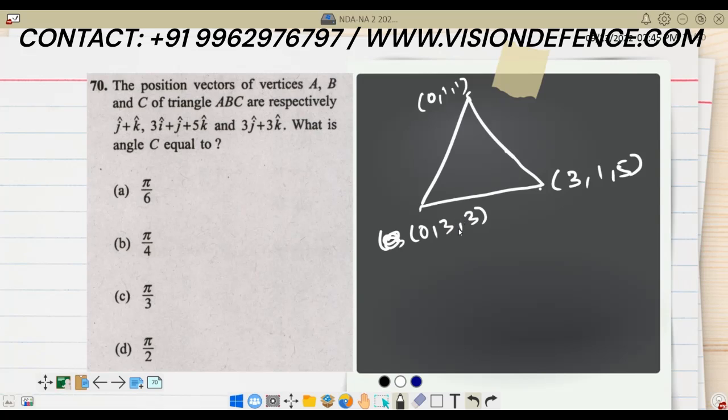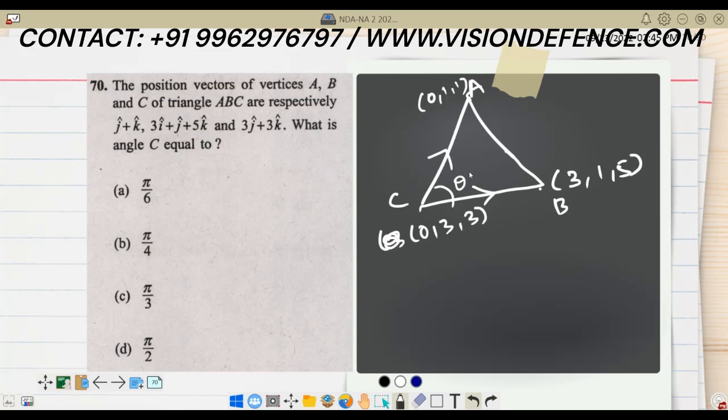So we have the position vectors. This is A, this is B, this is C. We need to find the angle between these.